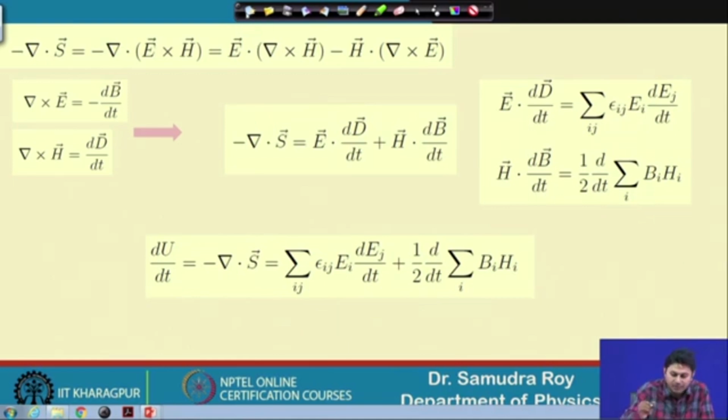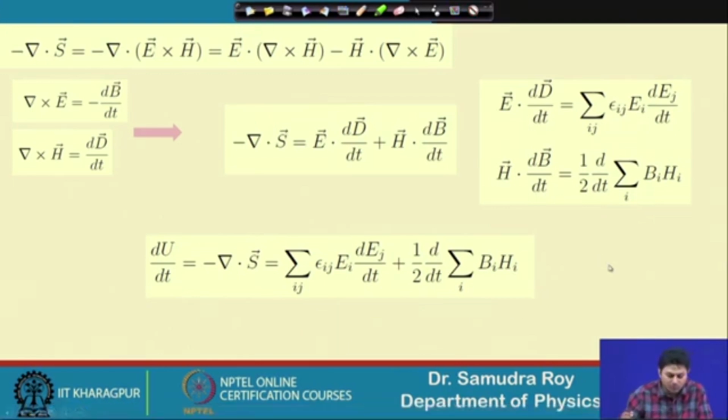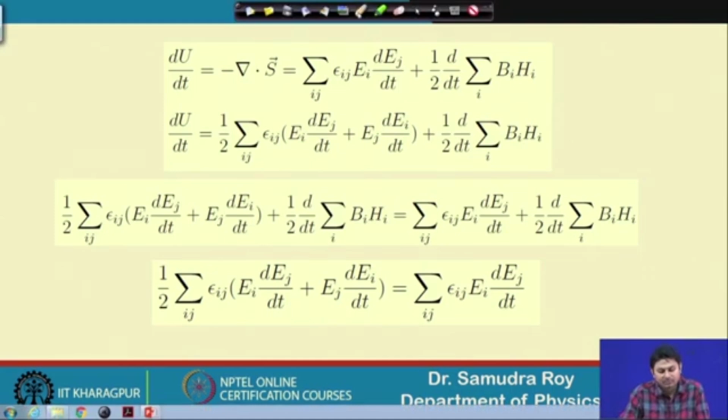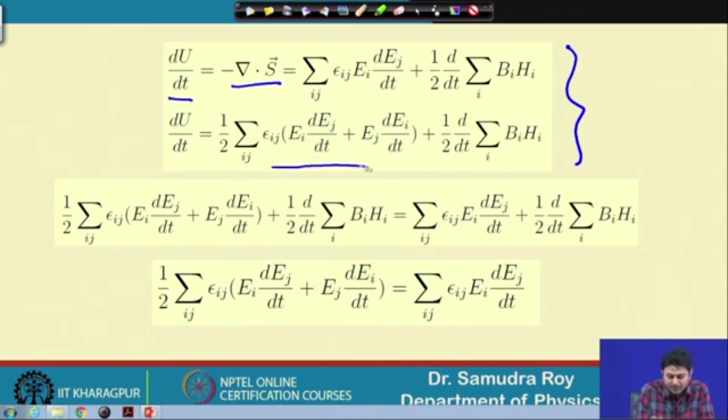Now, if I compare these two things, which I will do in the next slide, I will have the same expression, but in two different forms. So, this is the comparison between two expressions. This is coming from the Poynting vector and this term is coming by using the u. So, these two things are eventually the same thing, but we have two different equations.